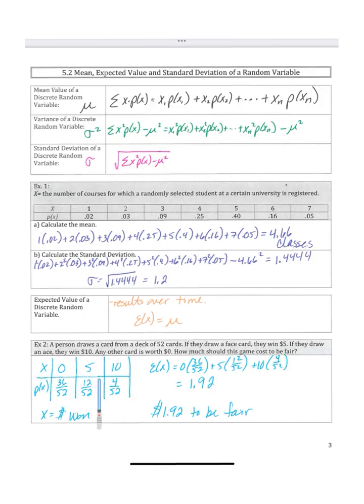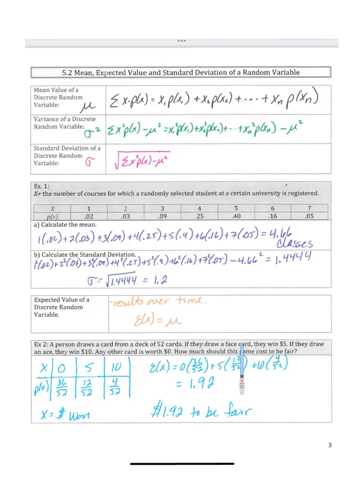So first thing we have to do is create our probability distribution. So X represents the amount of money that you win each time. So there were 3 choices. You could win nothing, you could win $5, or you could win $10. So I'm going to start with the 10 because that was by getting an ace. Well, there's 4 aces in the deck of cards, so the probability of winning $10 is 4 out of 52.